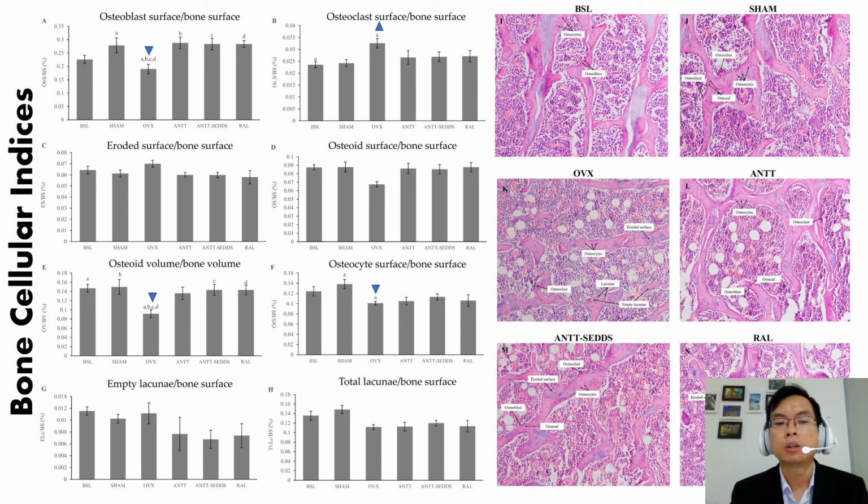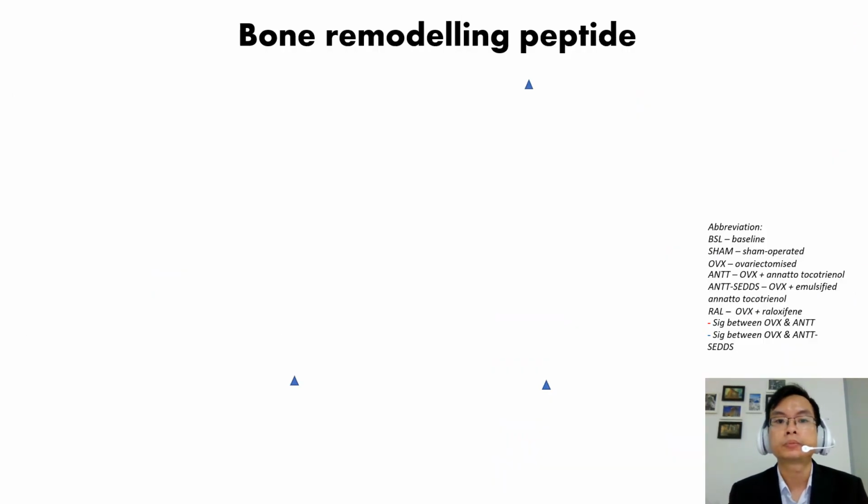In the bone cellular parameters, we observed that with castration there is a decrease in osteoblast number, osteoid volume and also osteocyte surface, and an increase in osteoclast surface. Annatto with or without SEDDS actually increased osteoblast surface, but only annatto with SEDDS increased osteoid volume.